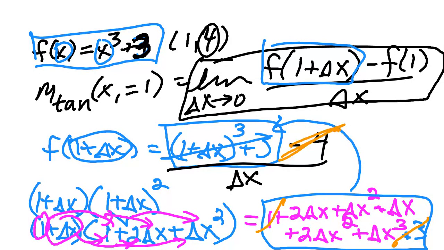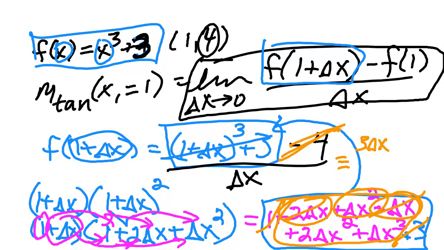And then I've got a bunch of stuff that has delta x's in it. Some of this would actually simplify, right? So on top, I'm going to have 2 delta x plus another delta x is 3 delta x, right? That's this one and this one. So those are gone now.